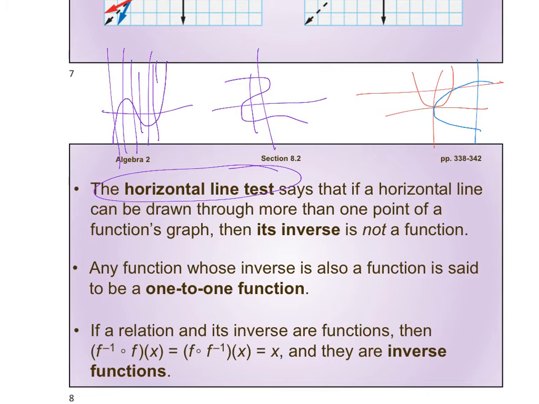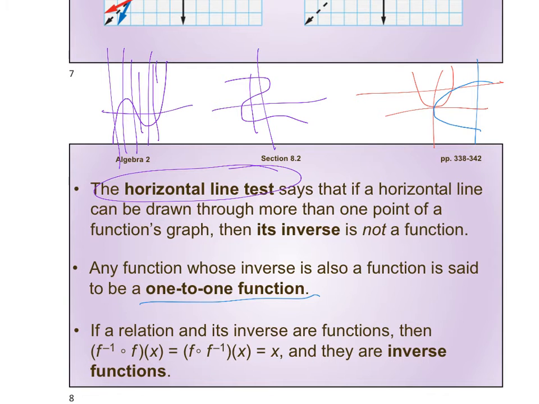But if it passes the horizontal line test, then its inverse is a function. All right, any function whose inverse is also a function is said to be one-to-one. You have one x for every different y, and every y has only one x. It goes both directions.